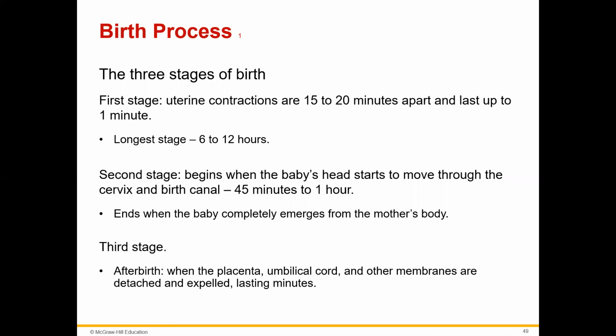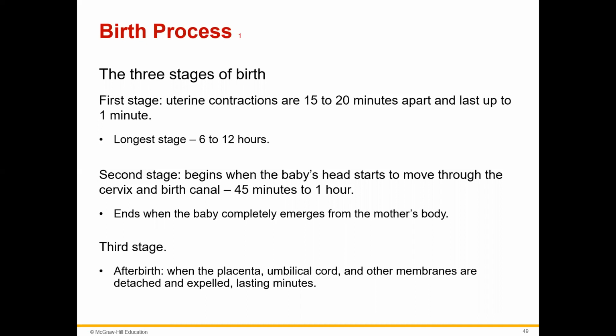They last up to 1 minute in length. This is the longest stage. It can last 6 to 12 hours for a first pregnancy and a first birth. It tends to be less time for later births. So this is the build up to the delivery.